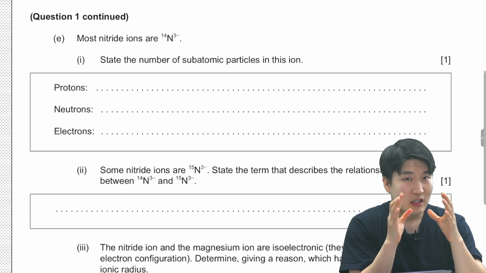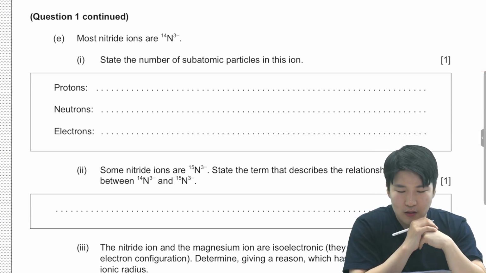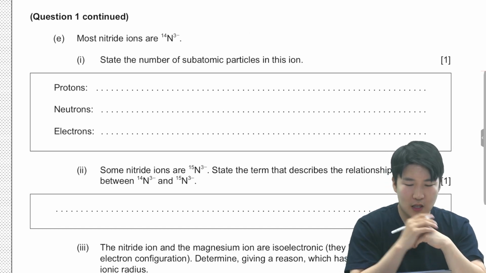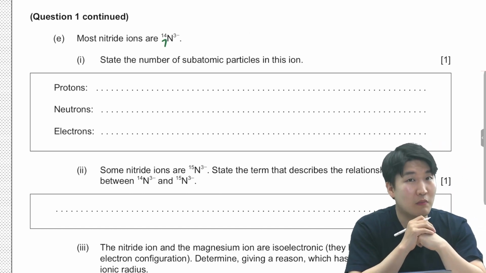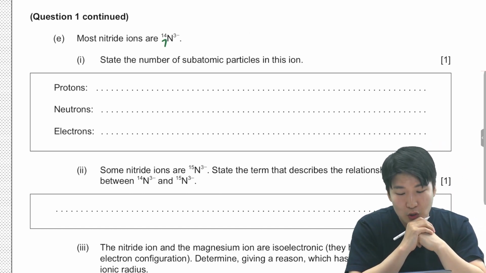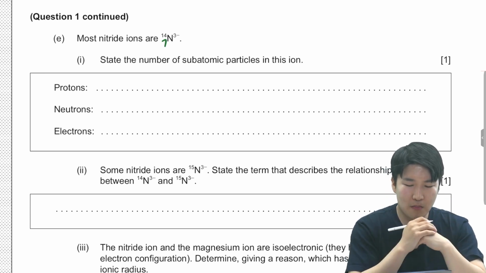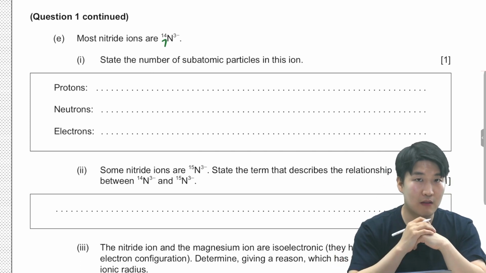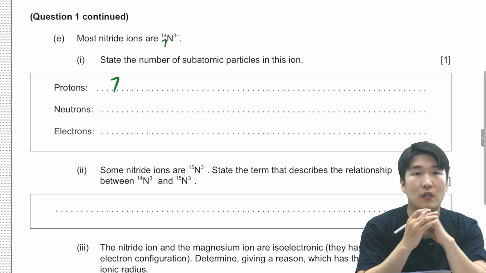Let's look at that nitride ion part of magnesium nitride. We are given the mass number of 14, not given, but we know the atomic number to be 7. And we know the anionic charge is 3-. Subatomic particle numbers can be derived from this information, where the number of protons equals the atomic number.